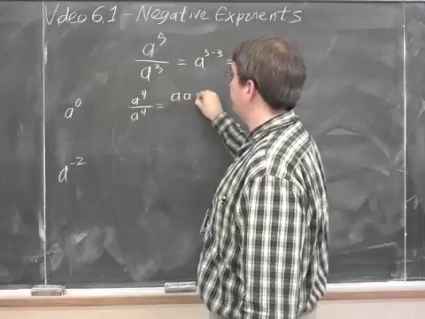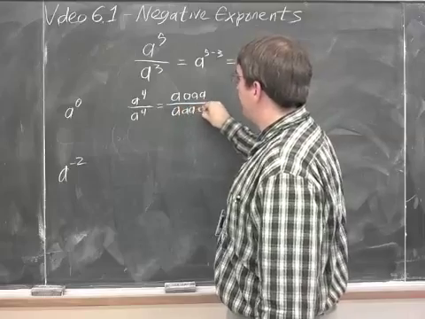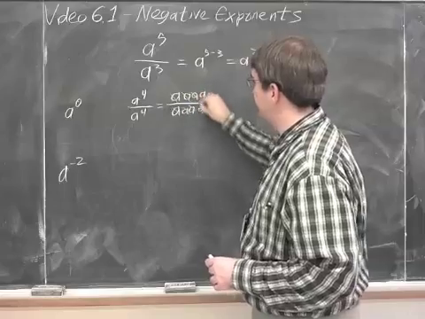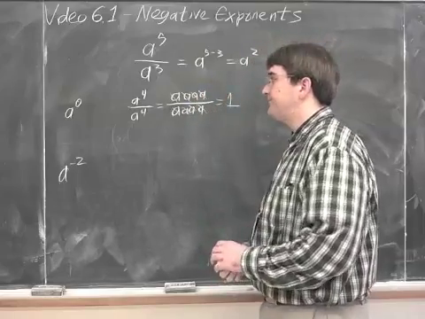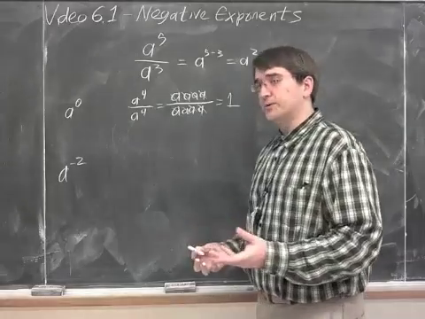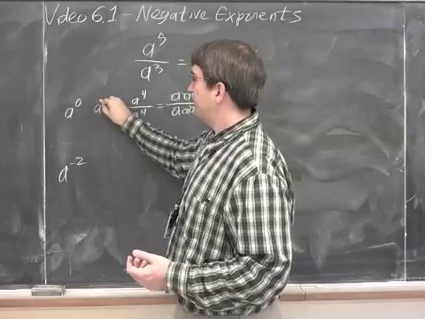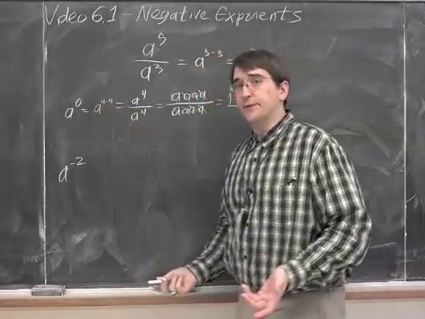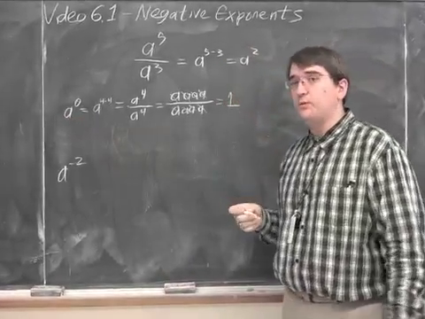Now, expanding it out gives us 4 a's on the top, 4 a's on the bottom. They cancel, and we're left with just 1. But according to the rules of exponents, a to the 4 divided by a to the 4 is equal to a to the 4 minus 4. And 4 minus 4, of course, is 0. So a to the 0 must equal 1.